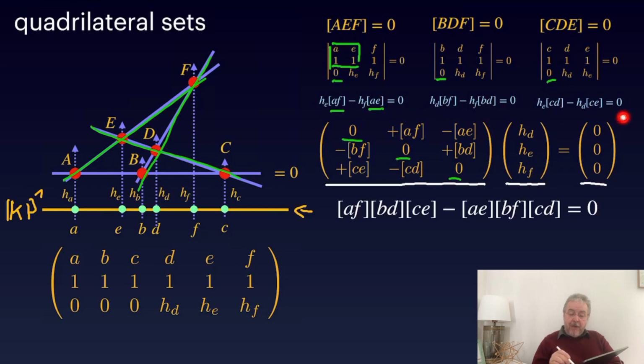We found out that we have a linear equation here, and we are looking for a non-trivial solution of the linear equation, and we found out that exactly this condition has to be satisfied to have this non-trivial solution.